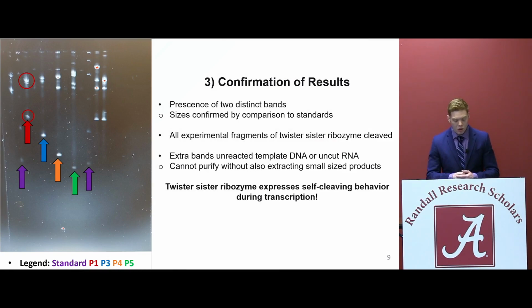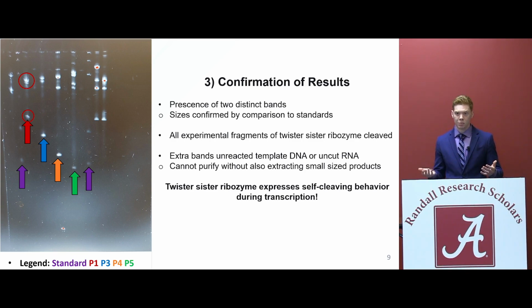Yeah, so the standards there, represented in purple, are simply used to determine the specific sizes of the bands we're working with. If we didn't have standards, we could tell that there are two distinct bands, but we wouldn't be able to tell the sizes of those bands. What the standards are made up of is fragments of pre-known sizes.